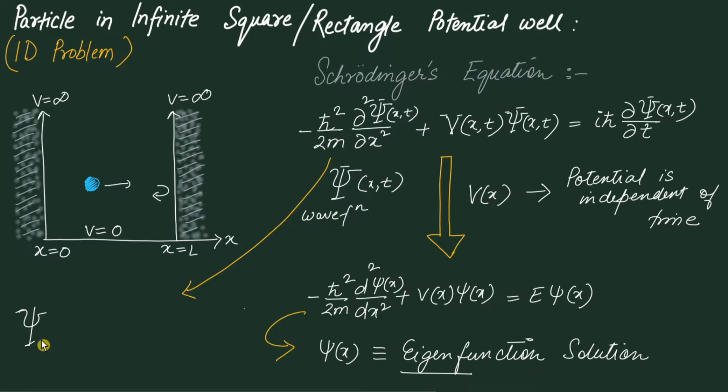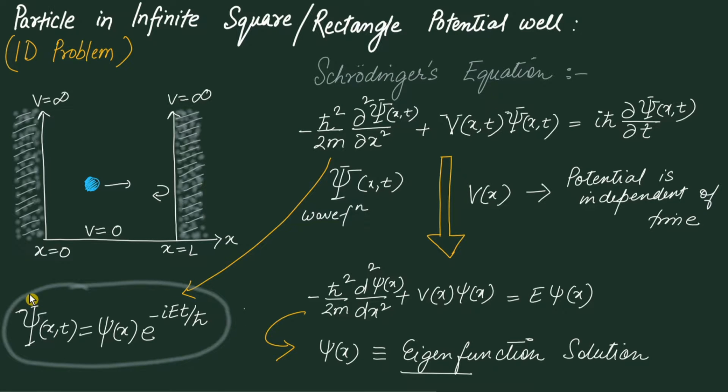The wave function is basically a product of the eigenfunction psi(x) and an expression that contains the time dependence, e to the power minus iEt upon h-bar. So this is the actual wave function solution of the Schrodinger's equation.